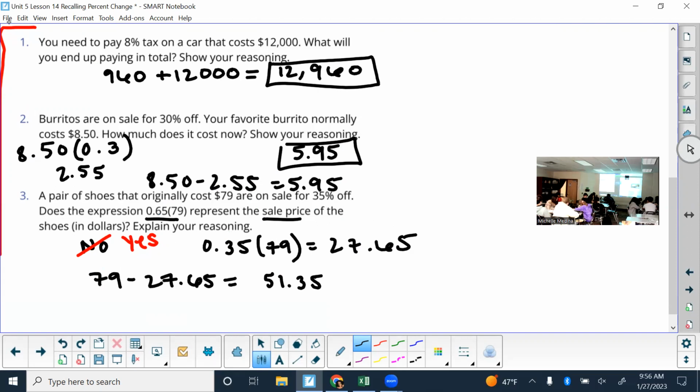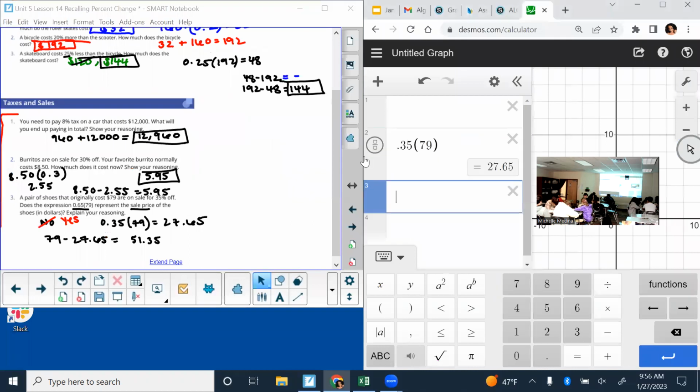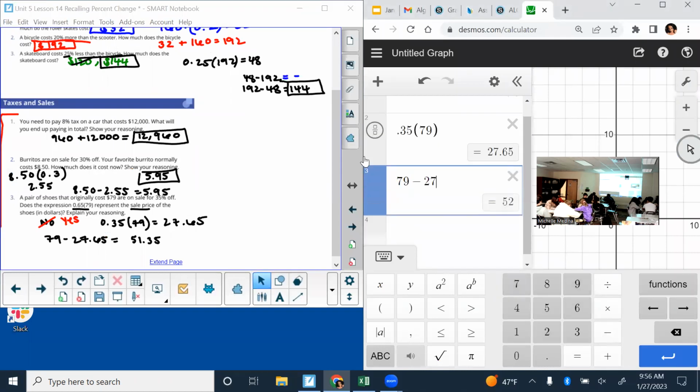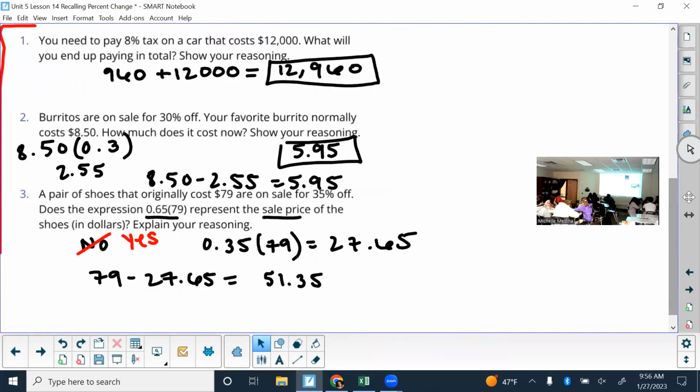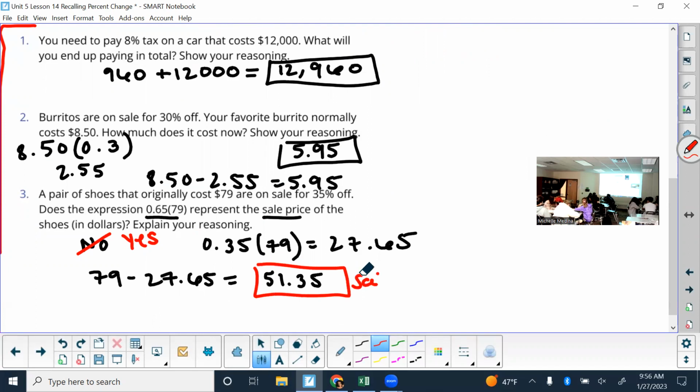Let me just verify. So 79 minus the discount, which was 27.65, that's what the shoes cost now. That is my sale price, the 51.35.